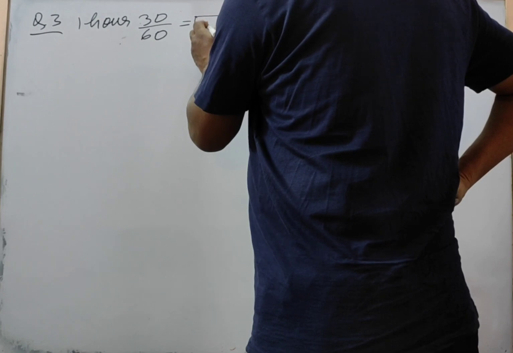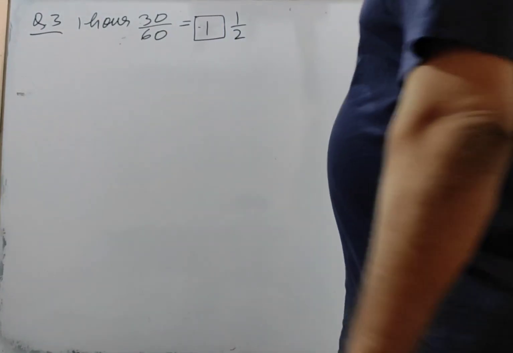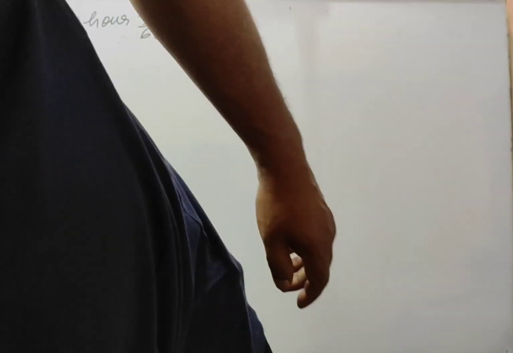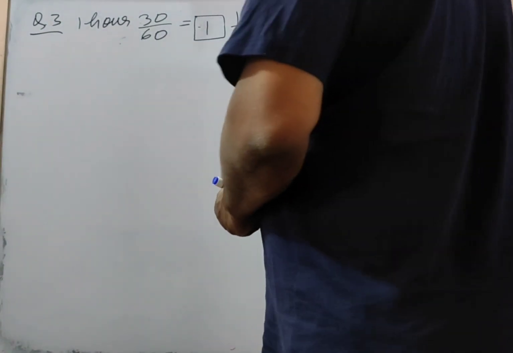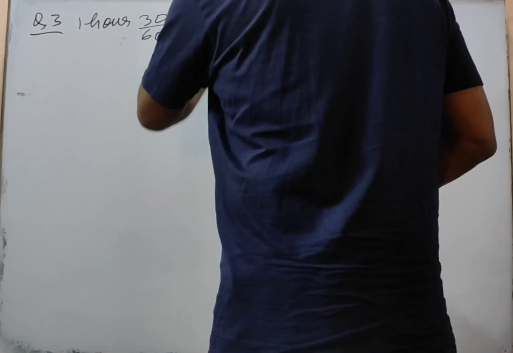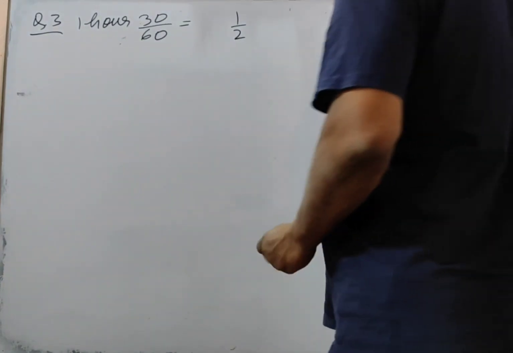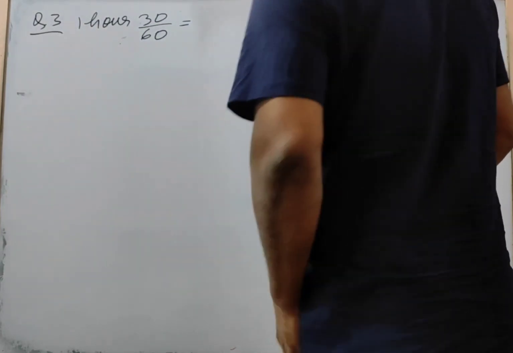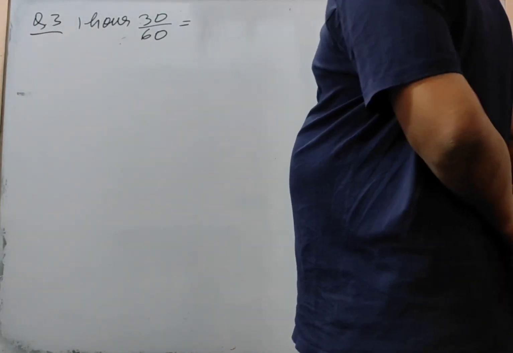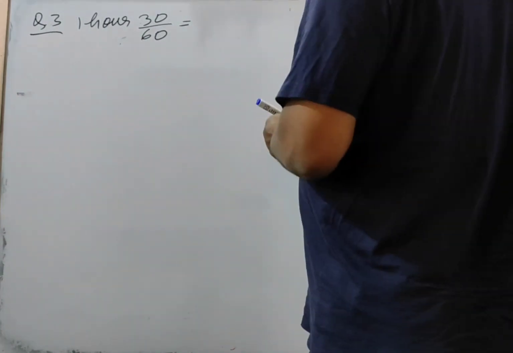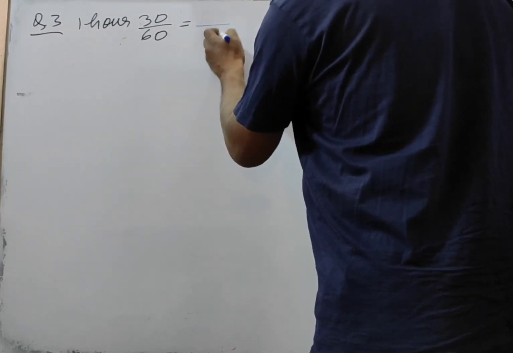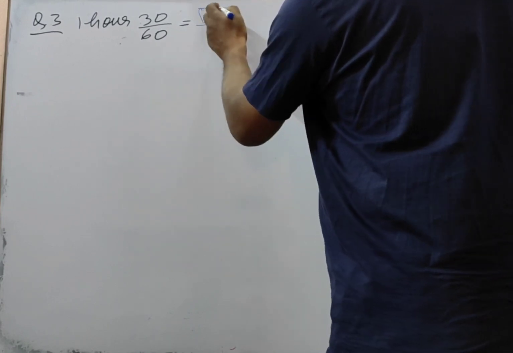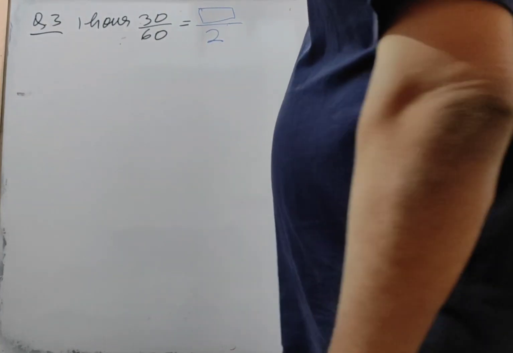So there will be one. When we solve this, there is a dash over 2.